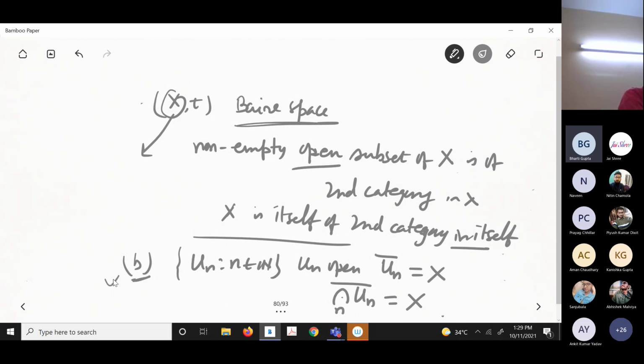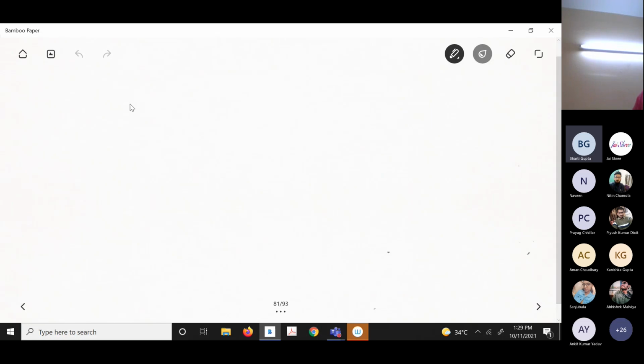Actually, often you use it to prove something is a Baire space, right? We'll prove this. Actually, we'll prove every complete metric space is a Baire space. So usually we prove this. Why do we prove this? We use this. Okay, look. Actually, the big result is this.